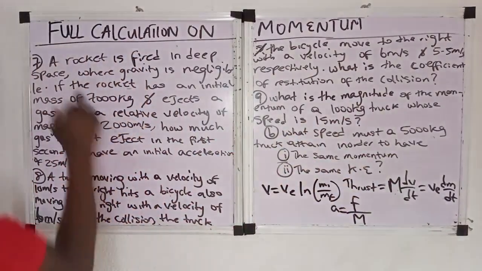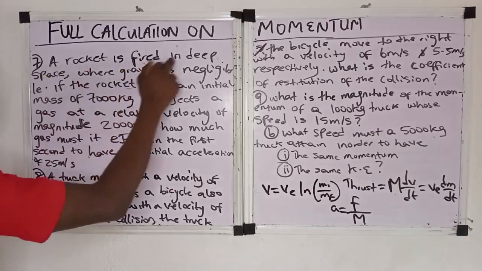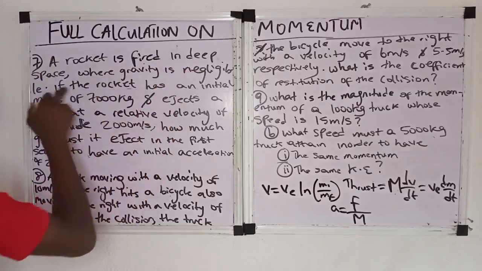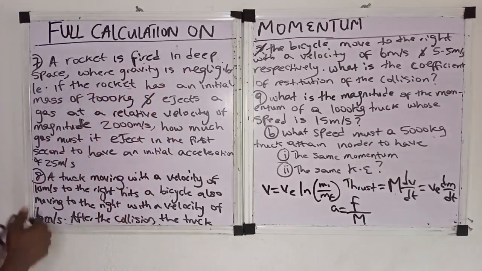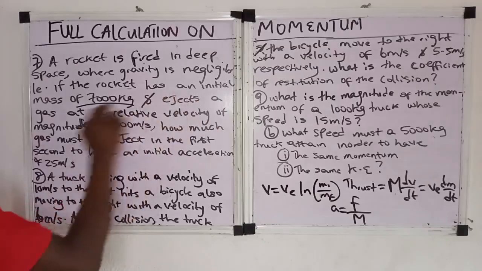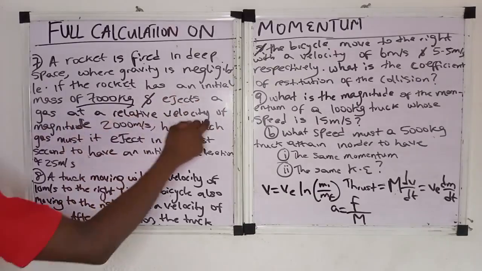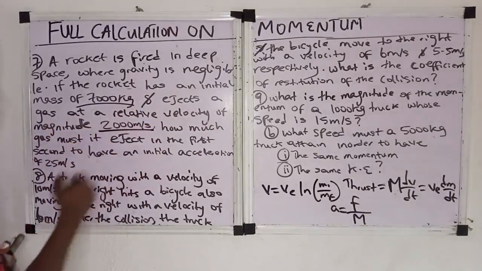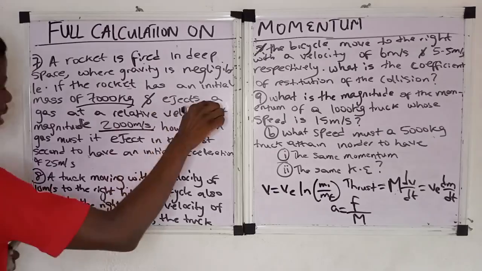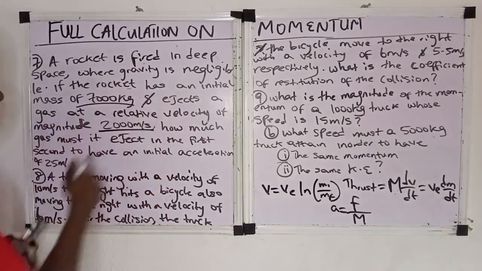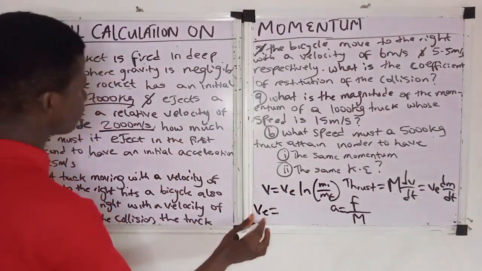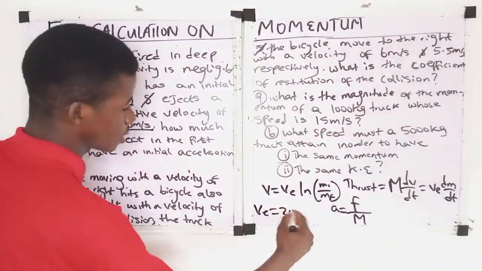So then they say a rocket is fired in deep space where gravity is negligible. If the rocket has an initial mass of 7,000, and ejects gas at a relative velocity of magnitude 2,000 meters per second. Now this velocity is the ejection velocity. So ejection velocity is 2,000.